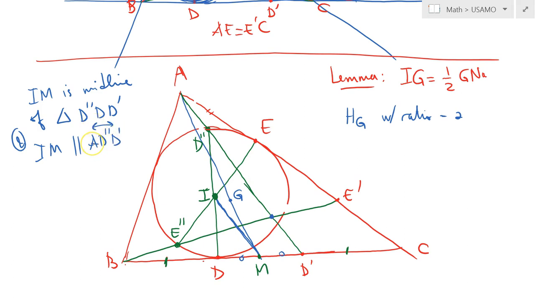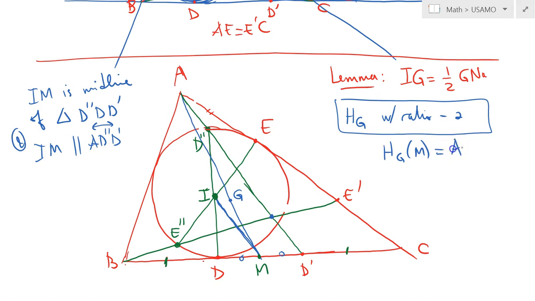Okay, so consider this dilation here. It will take the point M, so this is the easy one, and map it to the point A, because we know G, the centroid, will trisect the median.